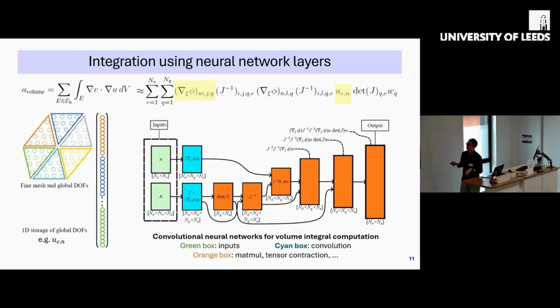And this is what the neural network part looks like. It takes in your solution and the coordinates, and the output is the numerical integration on quadrature points, summed together to give you the volume integration. And similarly, you can use this procedure for all those integral terms we saw before, and get your A times x and give you the residual.